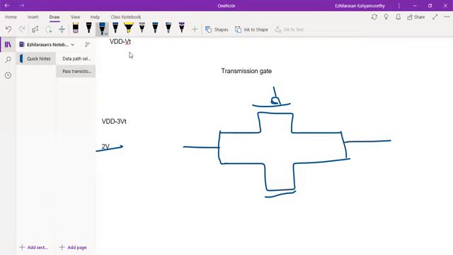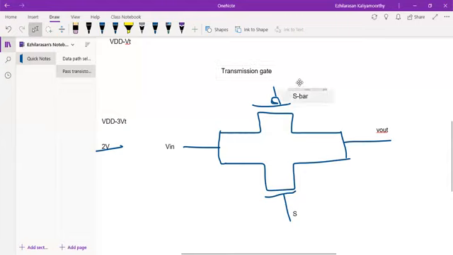Now what will happen? This will be your V in, this will be your V out. Next, this will be your S, and this will be S bar.